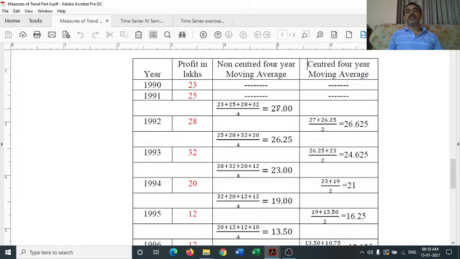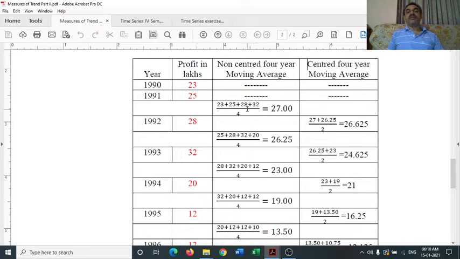So the non-centered moving average has to be placed in between the two middle years. So that will appear in the middle of the middle years, that is 1991 and 92 middle, and that's why it is known as non-centered. It is not centered because there is no unique year corresponding to this value 27.